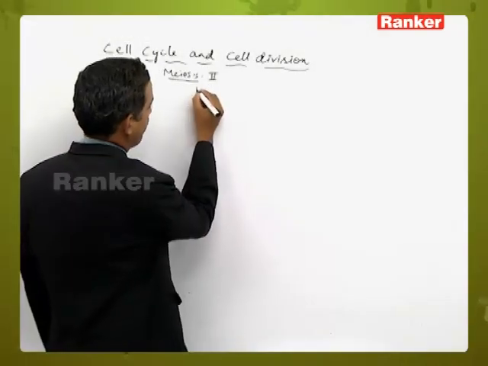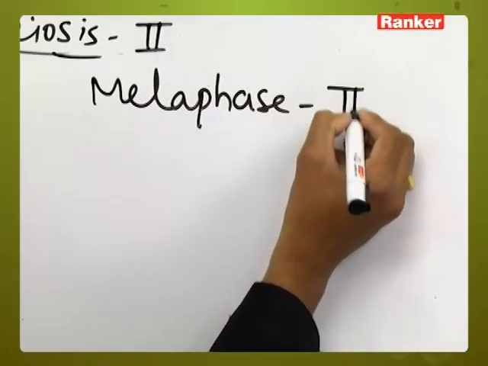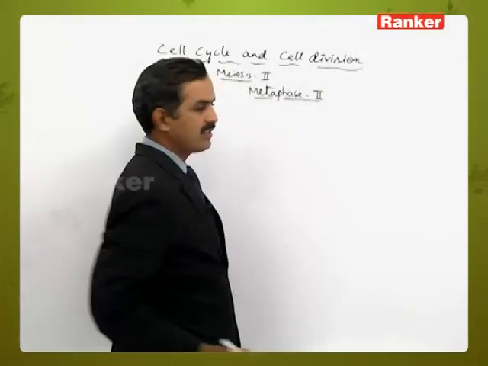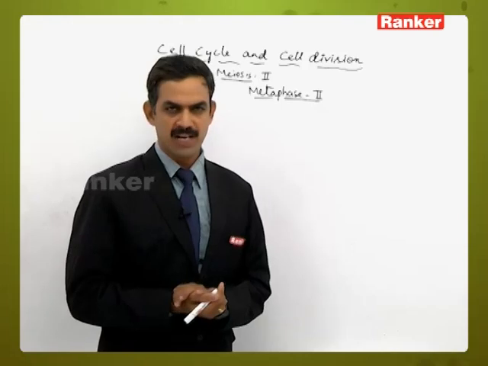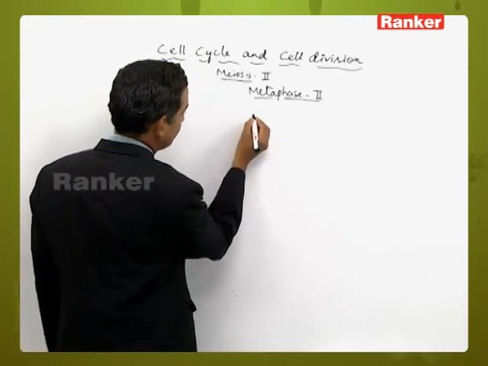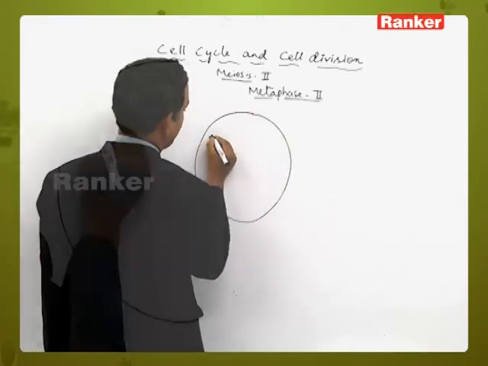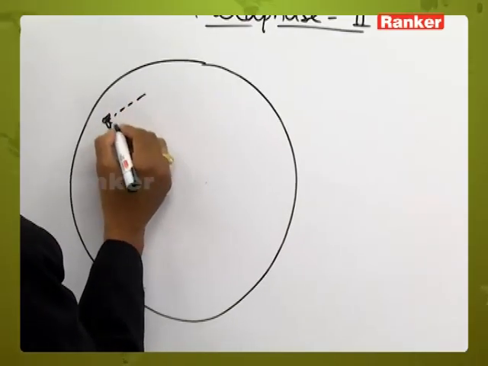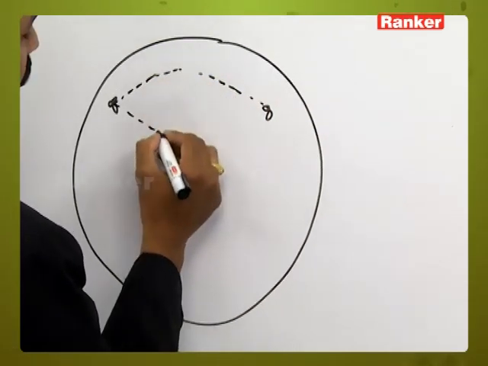Coming to metaphase 2, all the chromosomes of both the nuclei will be released into the cytoplasm. Here now the spindle fibers have been formed. These spindle fibers are perpendicular to the spindle fibers which were formed during metaphase 1.